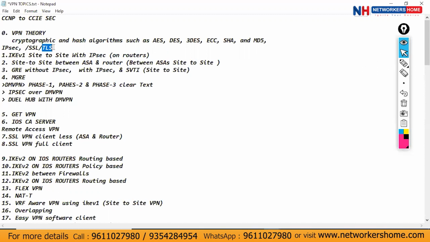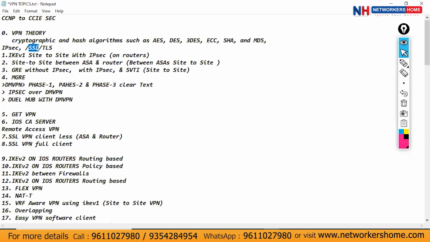So SSL 3.0 equals TLS 1.0, the starting point of TLS. After that, TLS 1.1, TLS 1.2, and so on, TLS is being upgraded. So we'll see SSL, as it has not been outdated from the market.